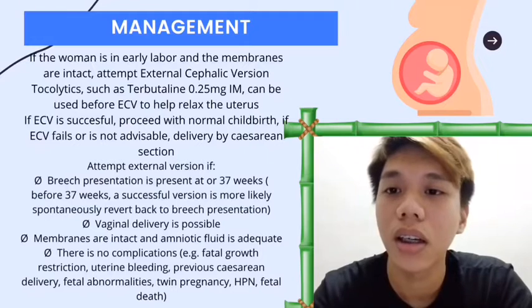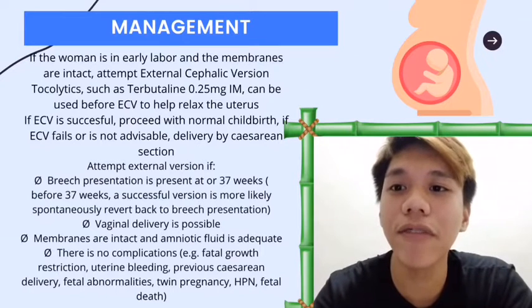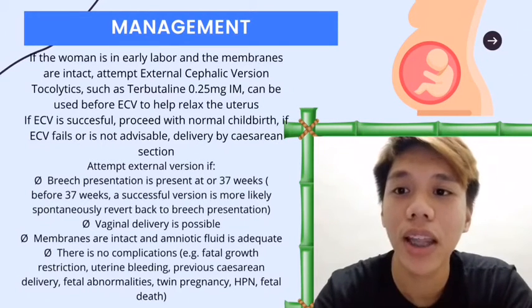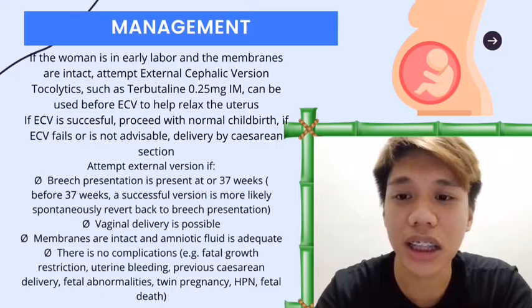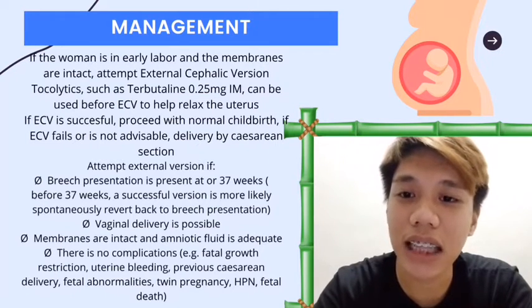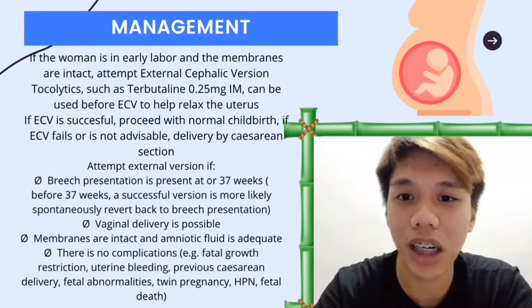So, management. If the woman is in early labor and the membranes are intact, attempt external cephalic version. Tocolytics such as terbutaline 0.25 mg IM can be used before ECV to help relax the uterus. If ECV is successful, proceed with normal childbirth.